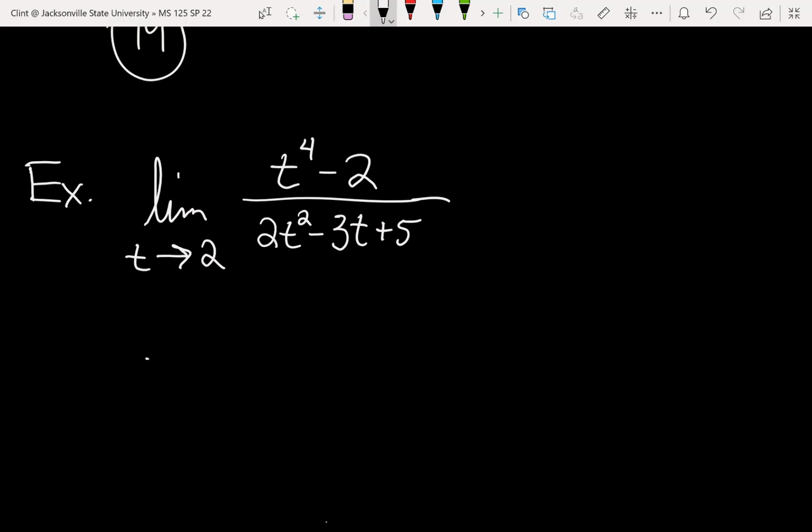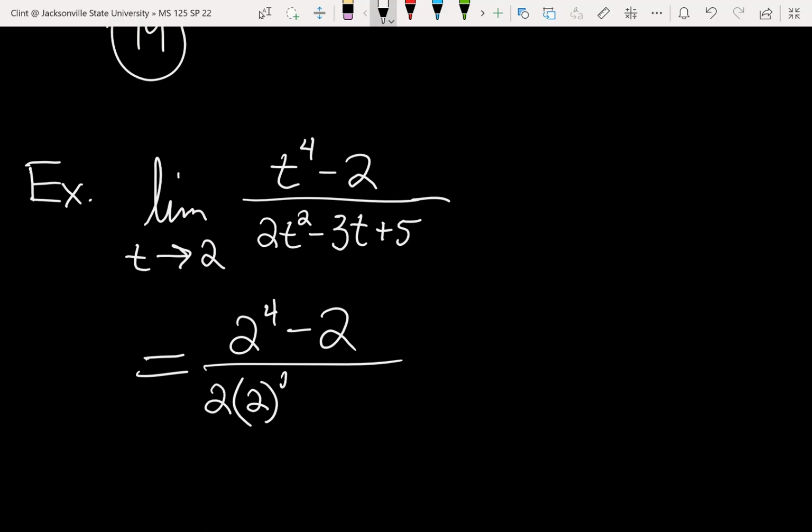So this limit should be 2 to the fourth minus 2 over 2 times 2 squared minus 3 times 2 plus 5. On the top, that's 16 minus 2, which is 14. On the bottom, let's see if I can do without having to break out a calculator. 2 times 4 is 8.